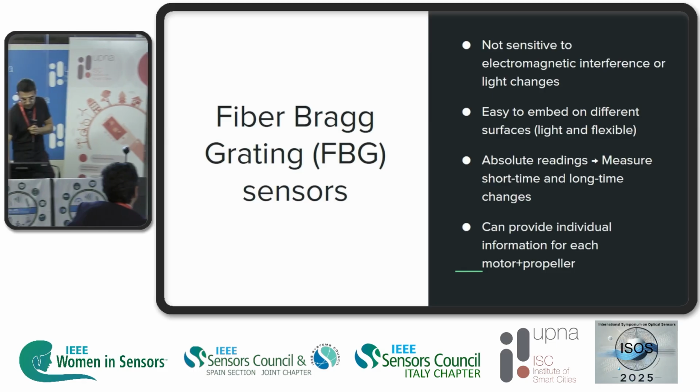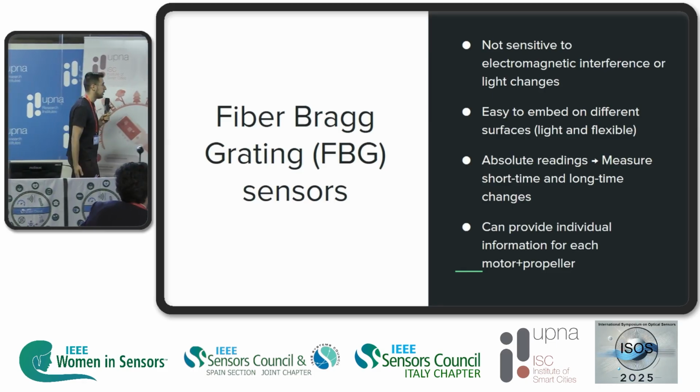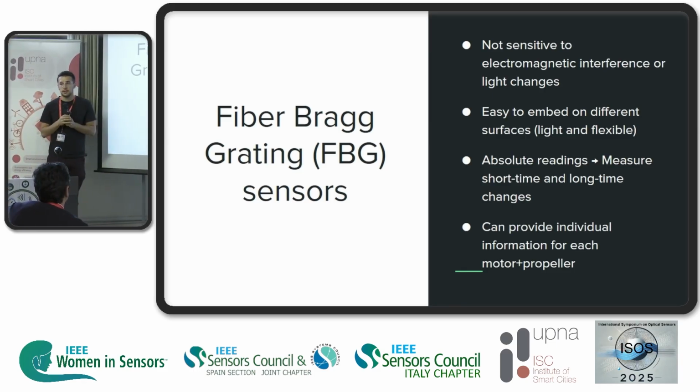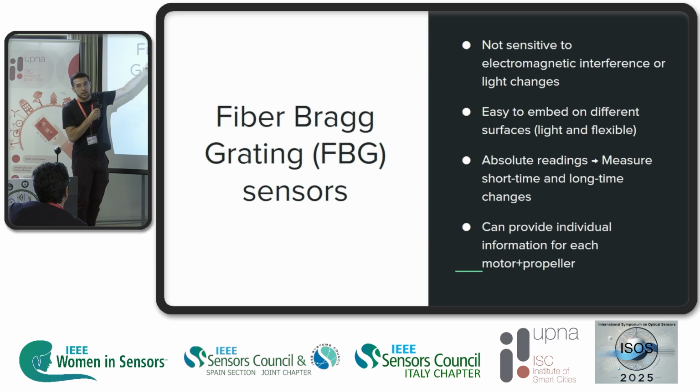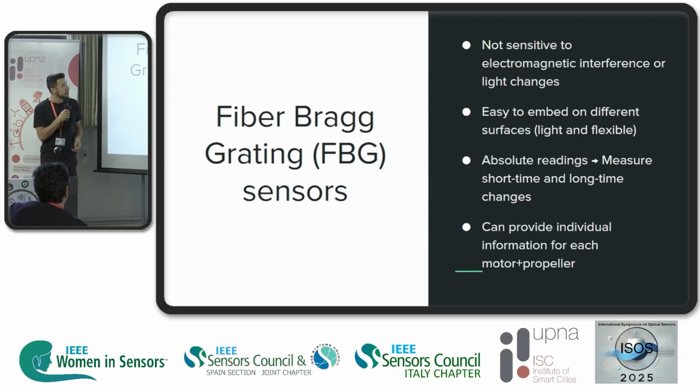So here is where the fiber Bragg grating sensors come into place, thanks to our colleagues who suggested using this kind of sensors, where we get some of the advantages to overcome those problems. As you already know, they are not sensitive to electromagnetic interference or light changes. They are easy to embed on different surfaces because they are light and they are flexible.